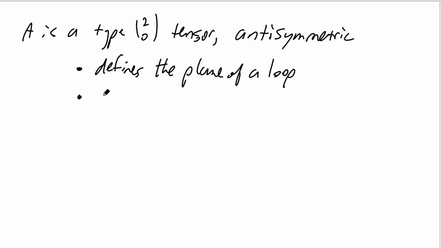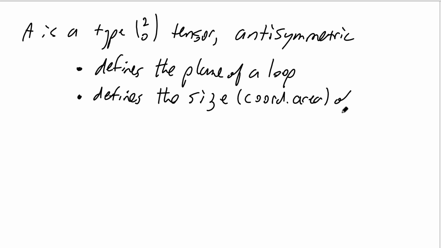And it also defines the size of the loop. The size, meaning the coordinate area of the loop. And by the way, in some contexts, an object like this is referred to as a bivector.